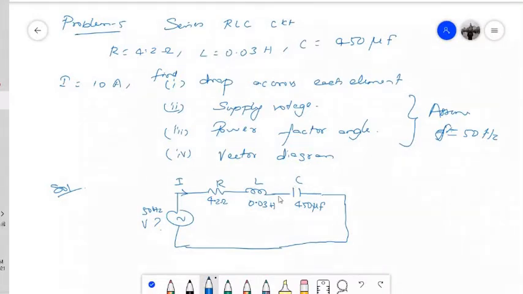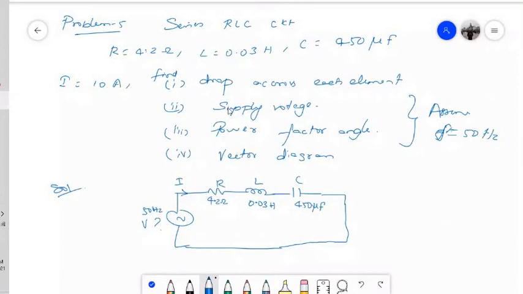That is why, when you try to find the impedance, and if you are also interested in the angle, we should also take that phase into consideration. So that's why when we write here, we write J into XL, and here, since it is 1 by J omega C, we'll be writing minus J into XC.